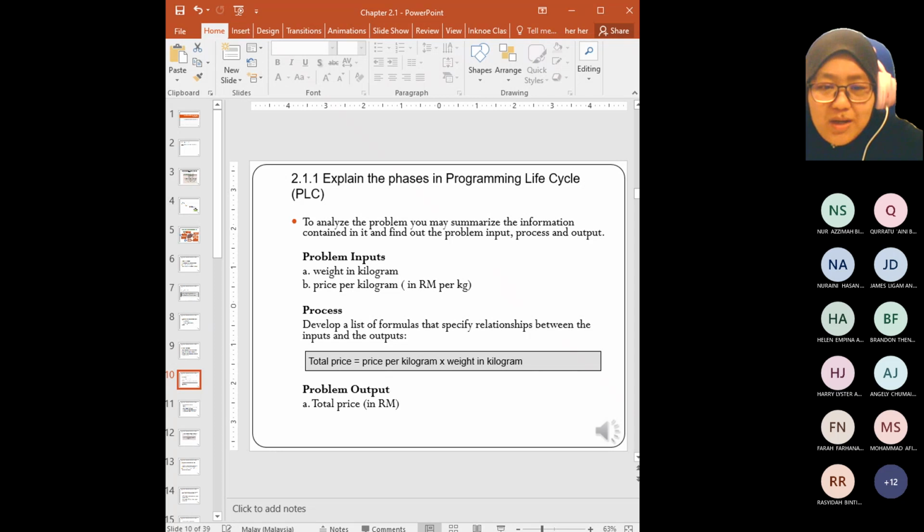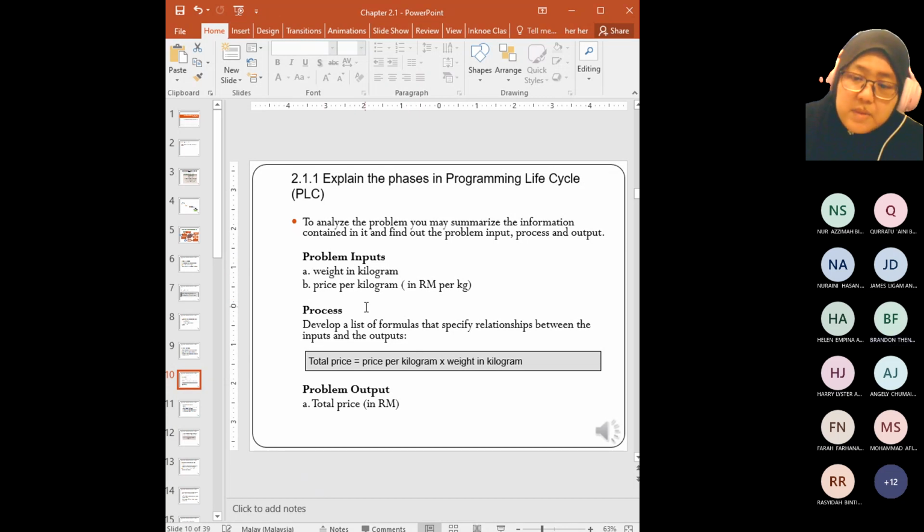So, to analyze the problem, you need to know the input, the process and output. So in this slide, you have input here, process, then output. So input dia, kita nak weight in kilogram dan price for each kilogram.